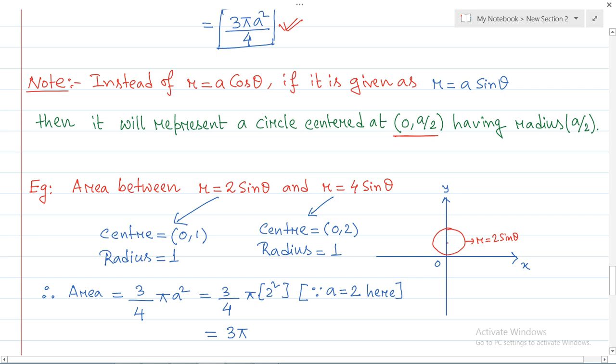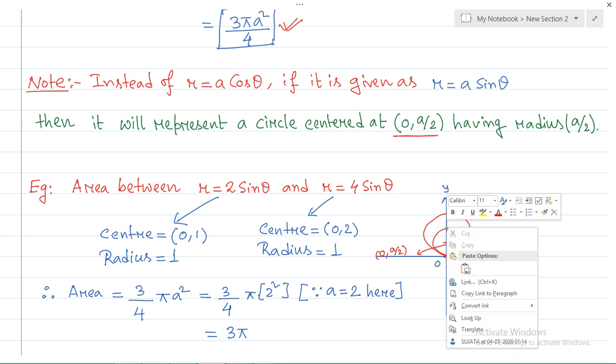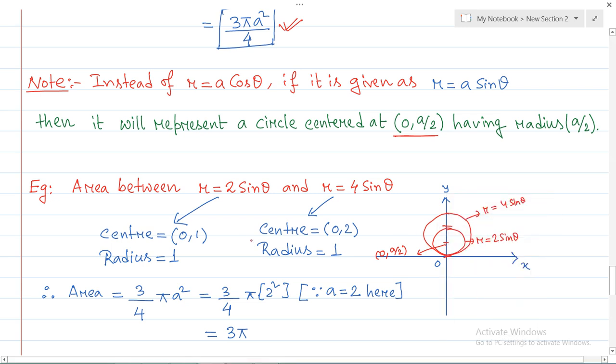The center will be on the y-axis having the coordinate 0 comma a by 2. Another circle will be there that is passing through the origin definitely, and this will be the circle r equal to 4 sin theta, which is having the center here, that is a. Here a equal to 2, so it will be having the coordinate like that.